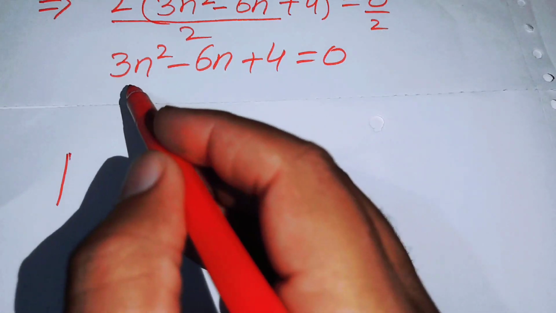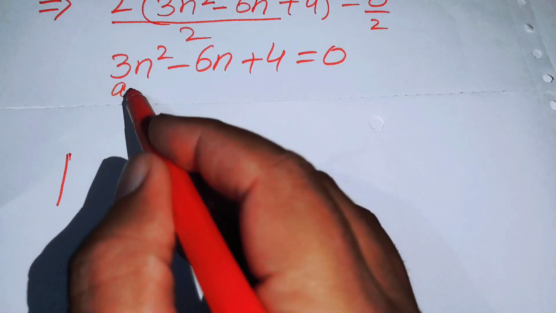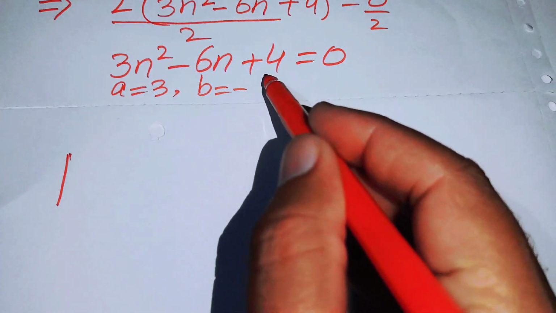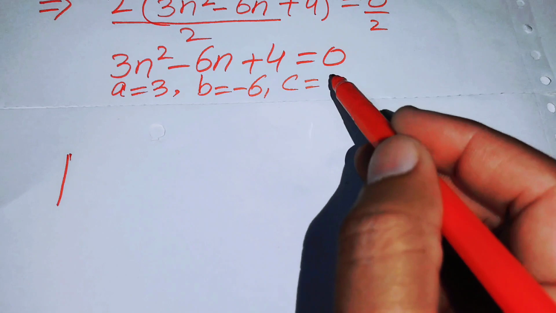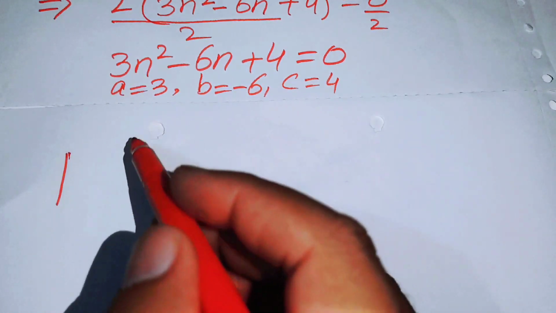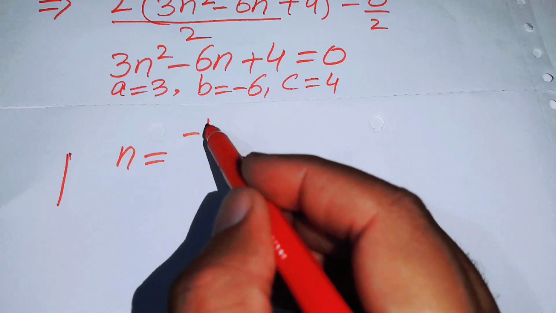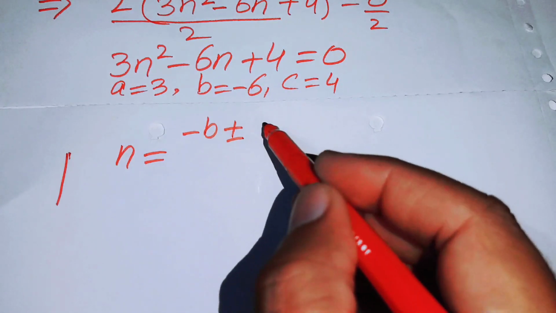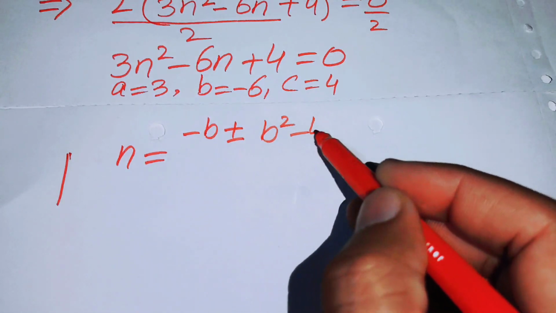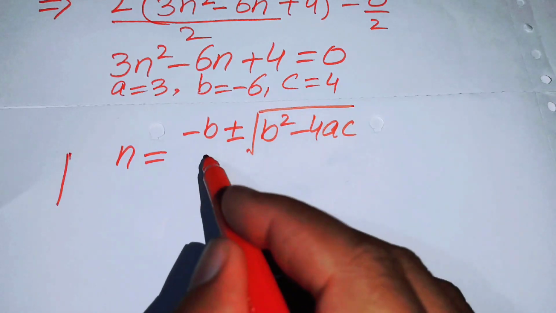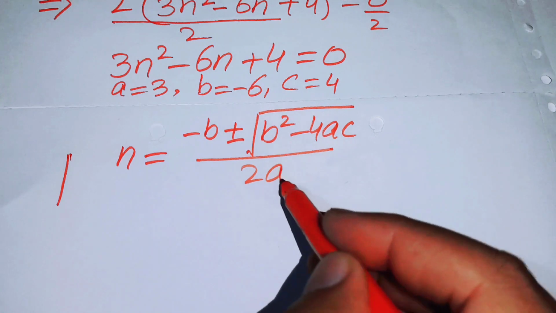So here we have the value of a is 3 and b is minus 6 and c is 4, and the nice quadratic formula is n is equal to minus b plus minus square root of b squared minus 4ac, over 2 times a.